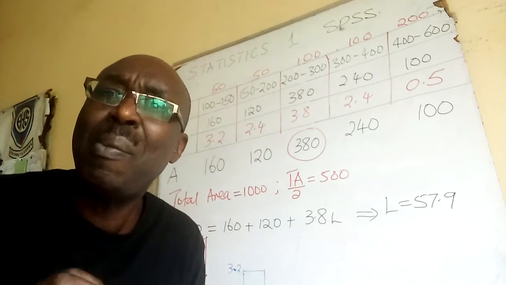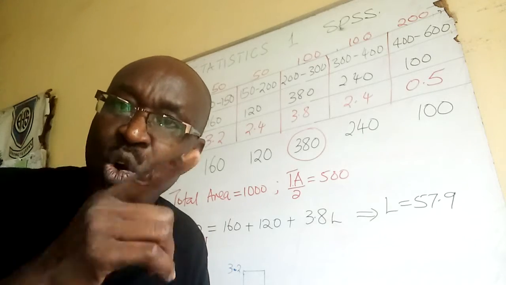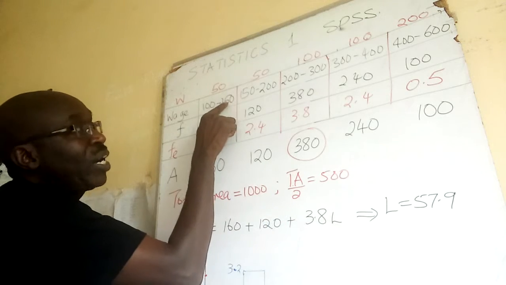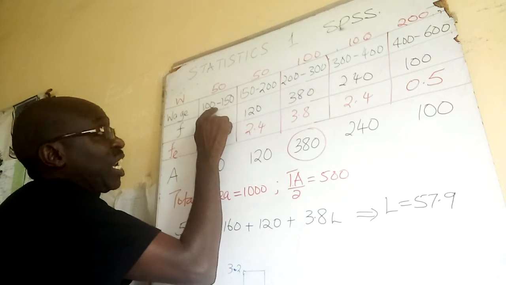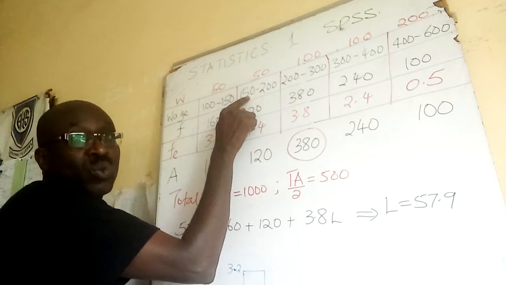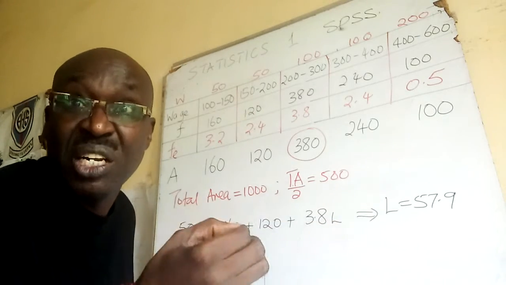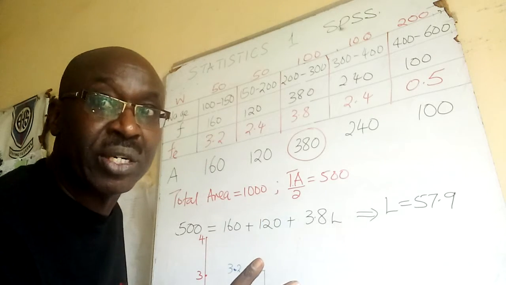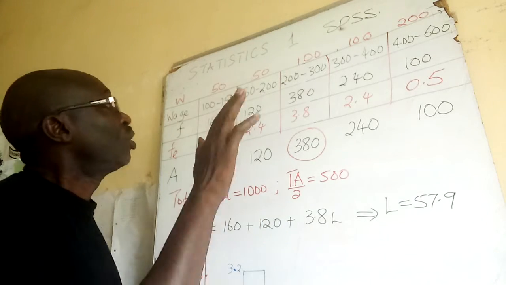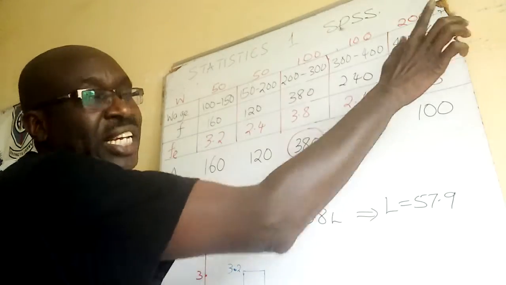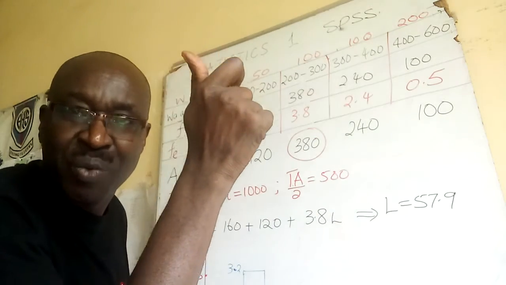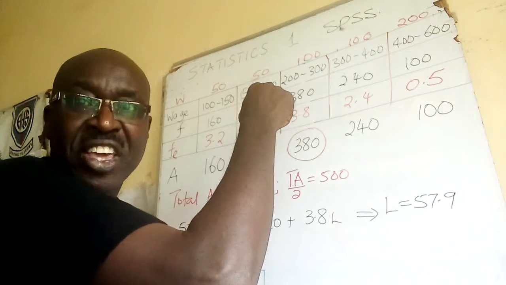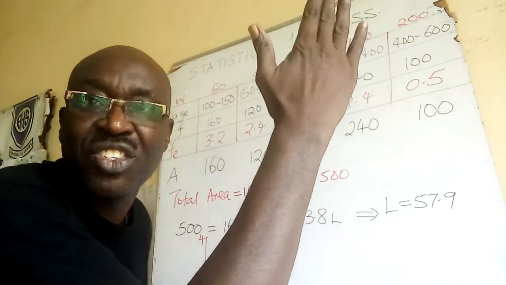If I wanted to know the upper limit of the first class, it is 150 plus 150 divided by 2, you still remain with 150. You must know how to get the upper limits. So from this data, straight away I know the upper limits are those upper figures of each class.